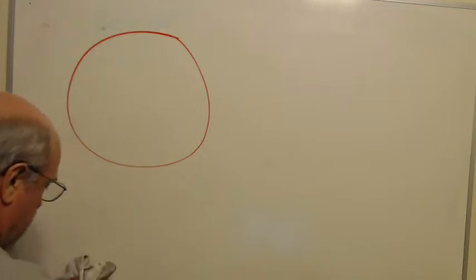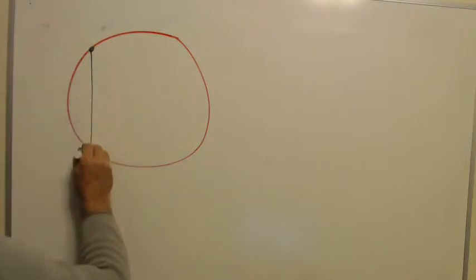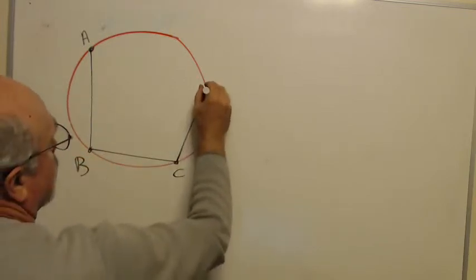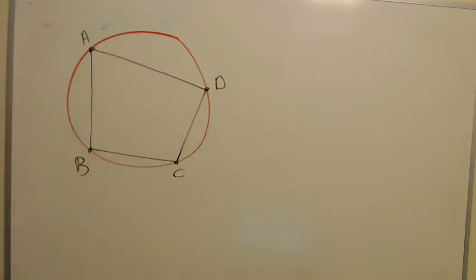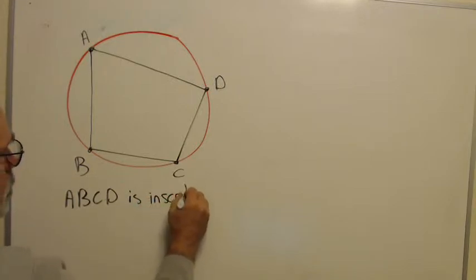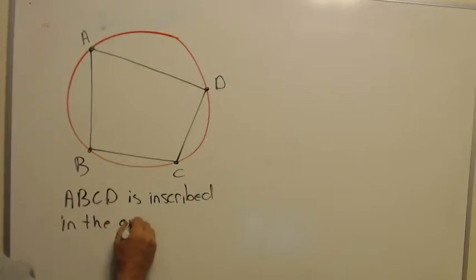There's our circle, and inside of our circle we're going to have a quadrilateral that has the property that all four of its vertices lie on the circle. Okay, if all four of the vertices lie on the circle, we say that the quadrilateral ABCD is inscribed in the circle.